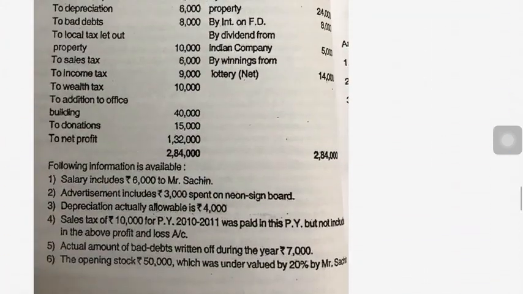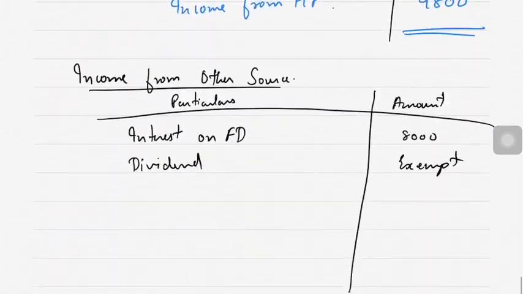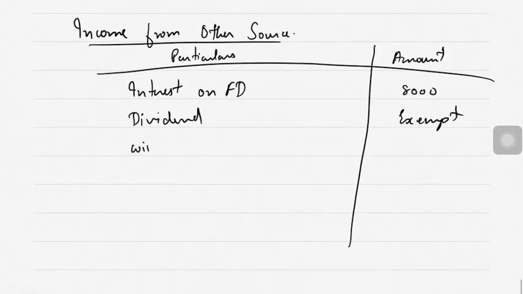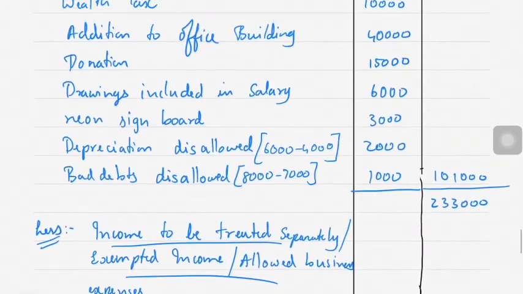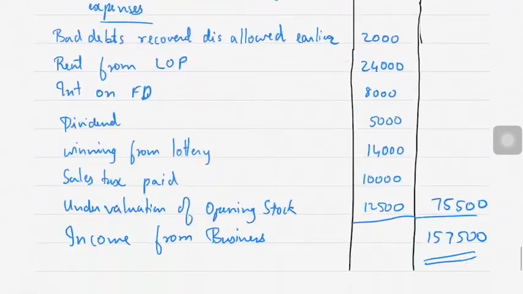Okay, next, winning from lottery, net is given. Okay, winning from lottery. So net amount is how much?